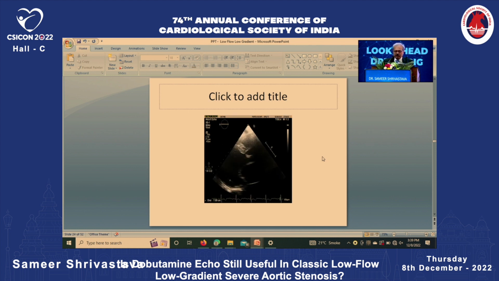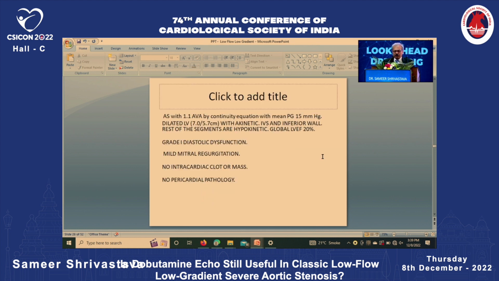Again, the debate continued, and what we did was, we left it for the time being, discussed it in our heart team. Heart team is a very important component in any institute where they are doing these complex cases. So, heart team said that this is not a critical stenosis, what to do? Mean PG across aortic valve was 15 millimeters of mercury. LV is so dilated, whether it will recover or not.